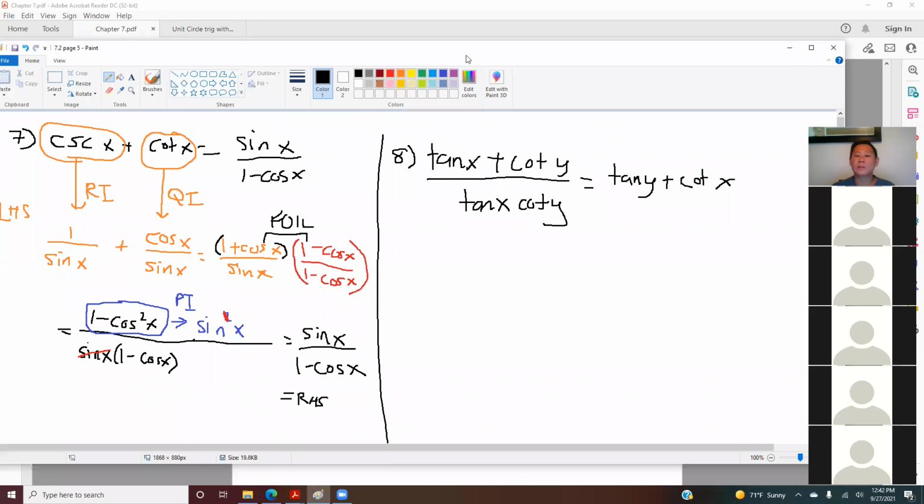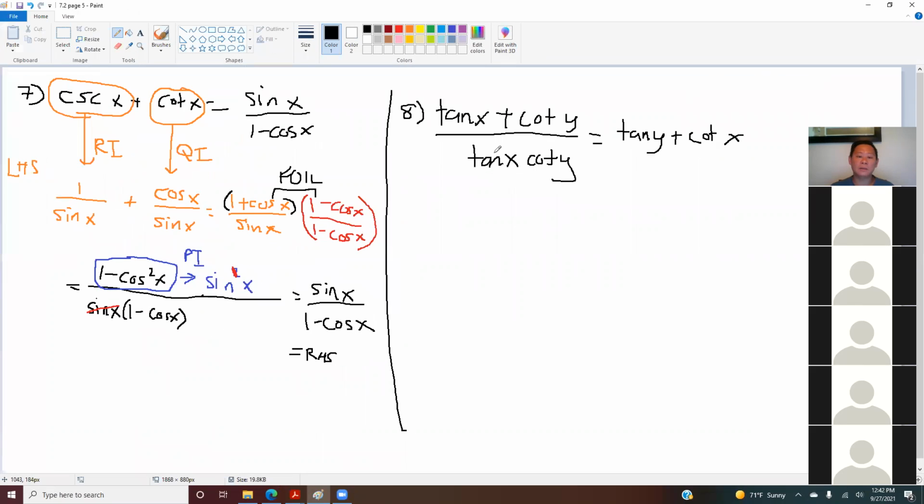So anyone know what to do with this fellow, number 8? Again, what side you need to start from, the left or the right? This is a level 4. Not this one. This is easy.